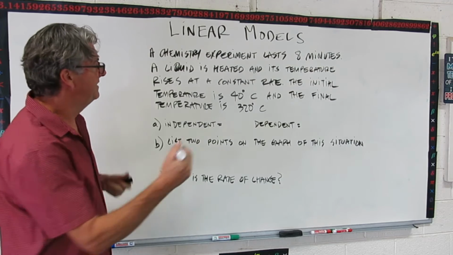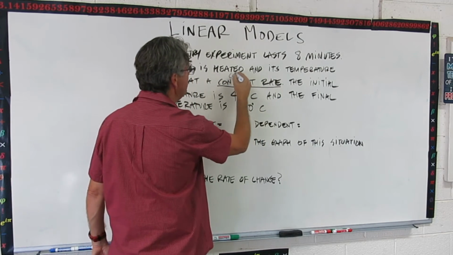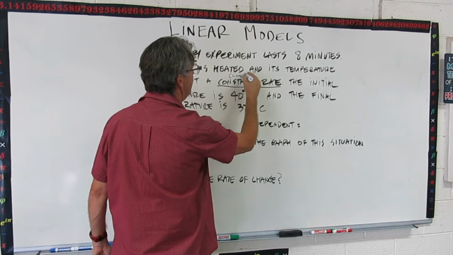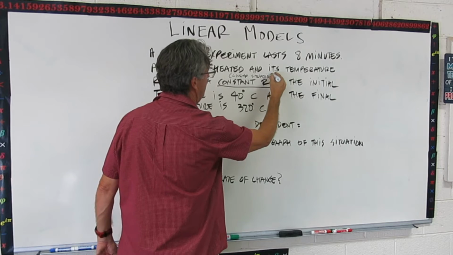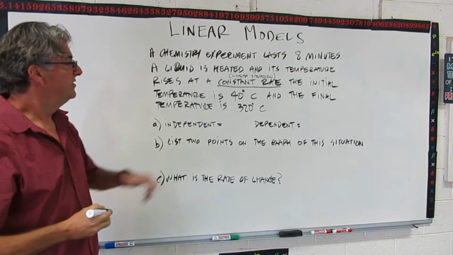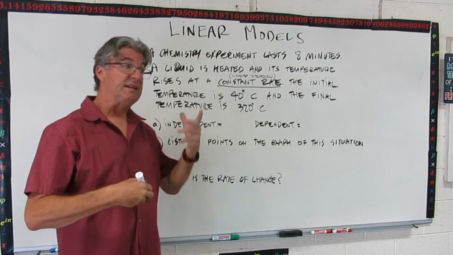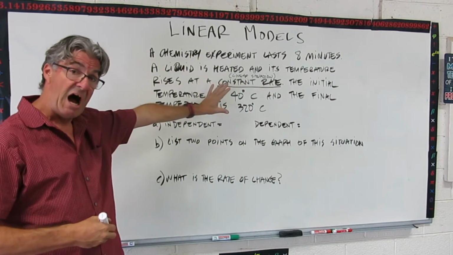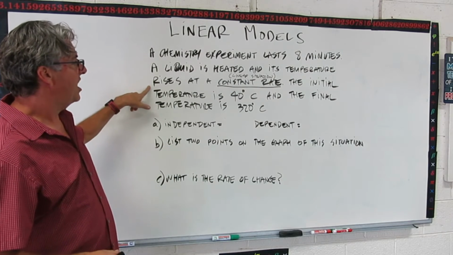So before we go on, constant rate is going to mean it's a linear situation. The rate is not increasing or decreasing, it's constant. So this is your clue that this is a linear situation, or there's a linear function somewhere behind this situation here. So temperature rises at a constant rate.